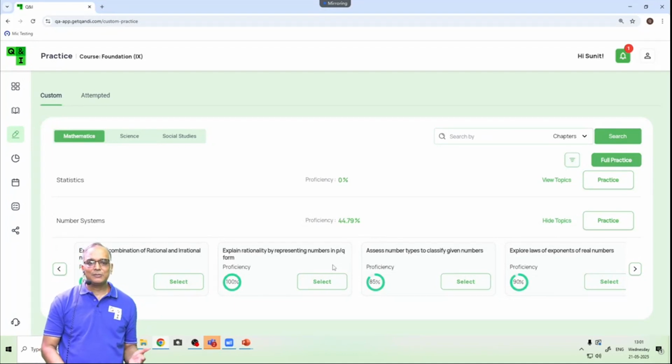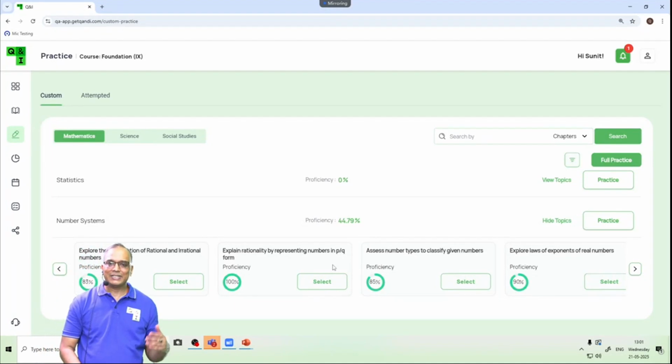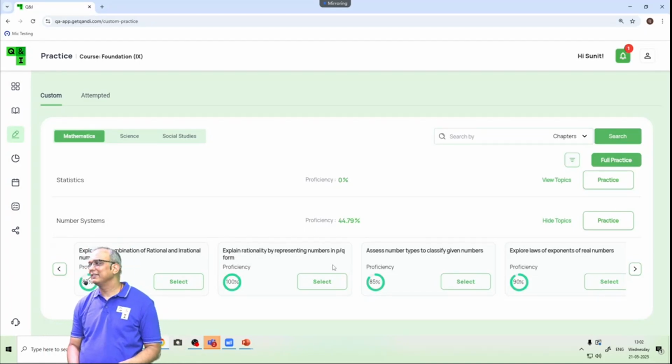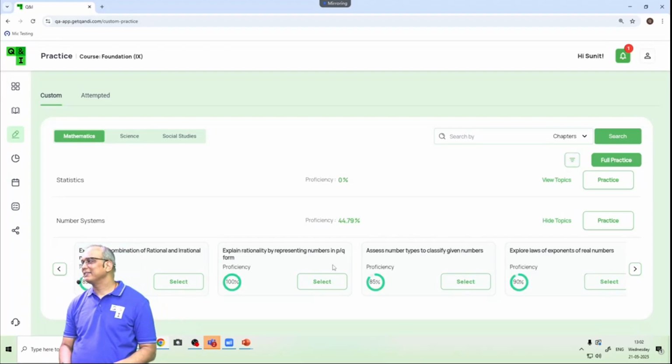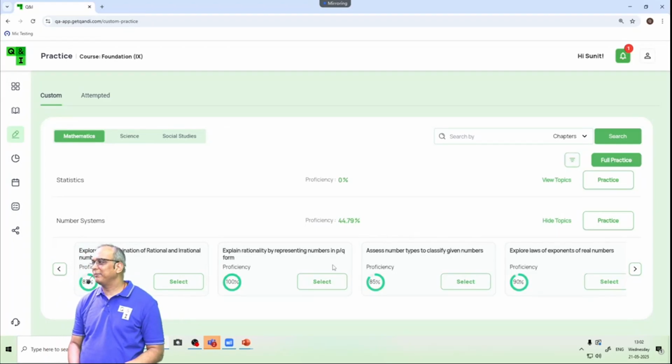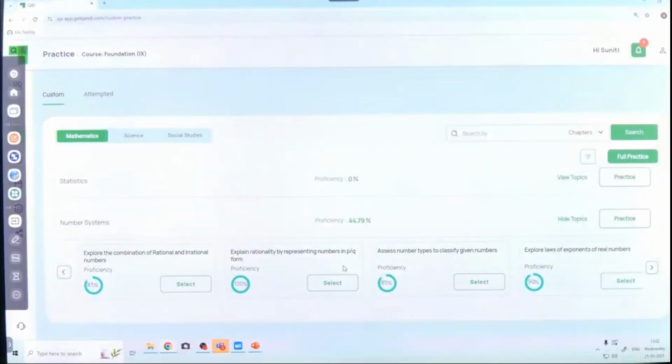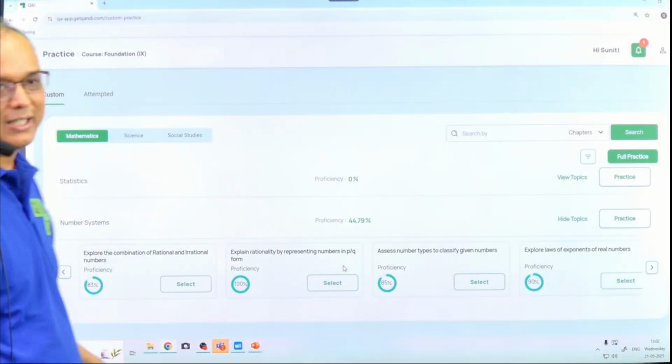How many students practiced it yesterday when I gave the homework? Did anyone practice? Okay, Hannah has done it. Anyone else? Students, most of you, I think, have your login ID and password. Does everyone have a login ID and password?